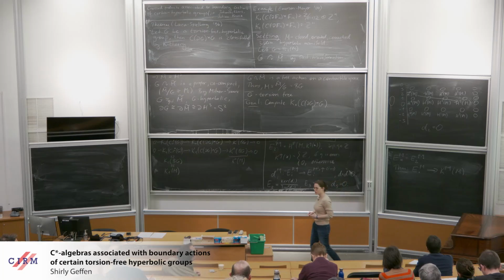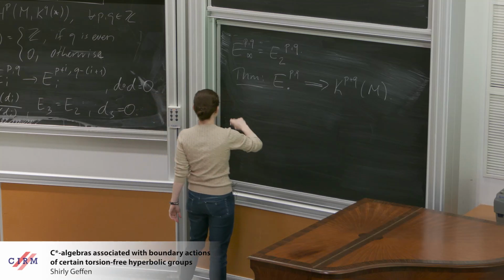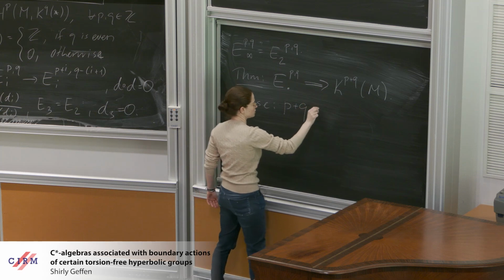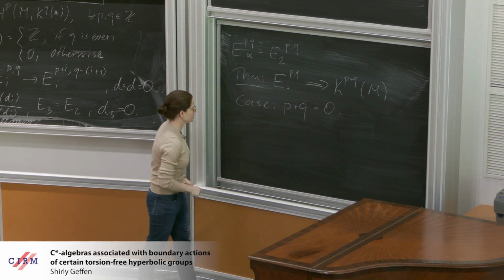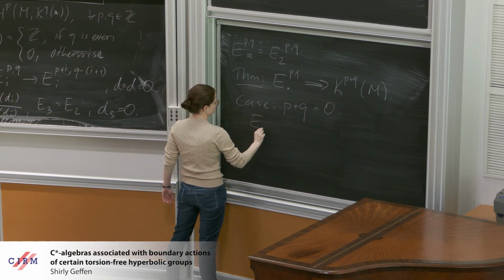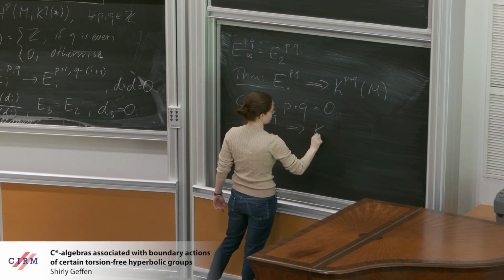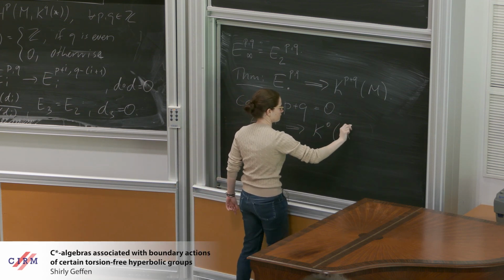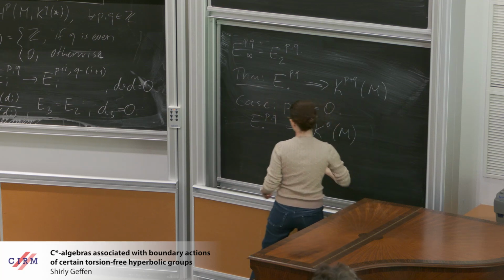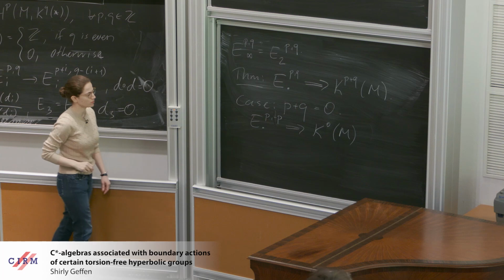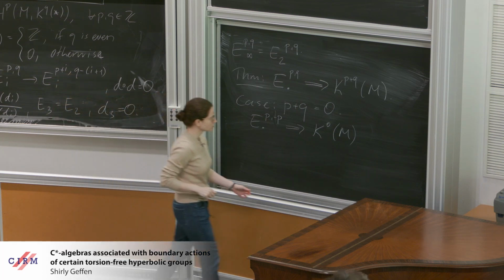And we have to do this in the case of p plus q being 0 and p plus q being 1. So let's focus just on the case p plus q equals 0, namely E(p, minus p), because if they sum up to 0, then q is just minus p.